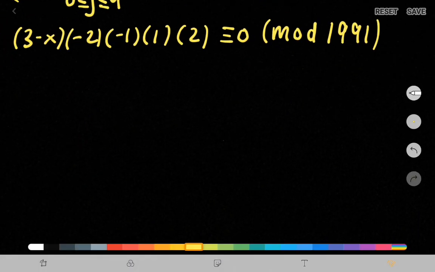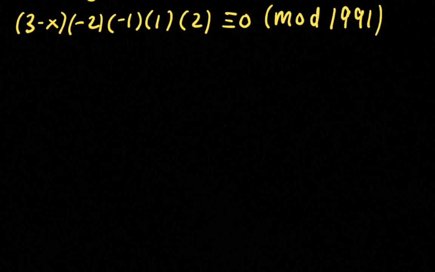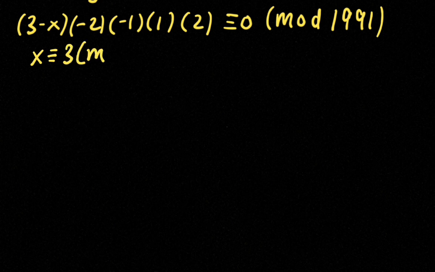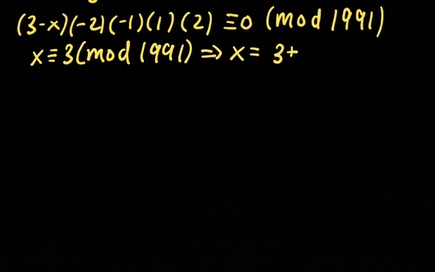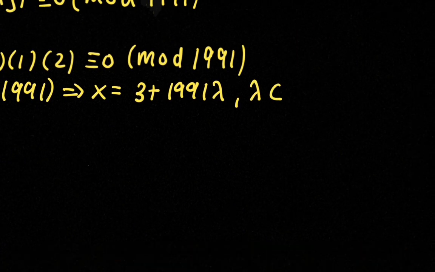So x again. So x is congruent to 3 mod 1991. This implies x equals 3 plus 1991 lambda, where lambda is an integer, any random integer.